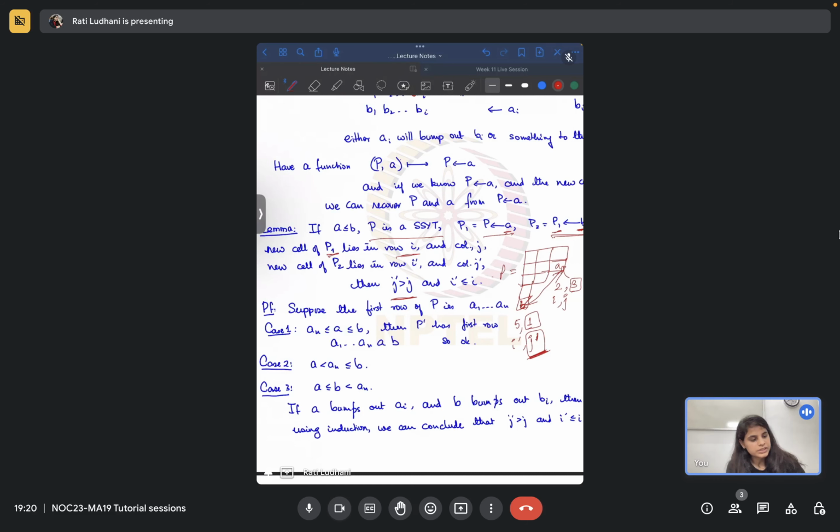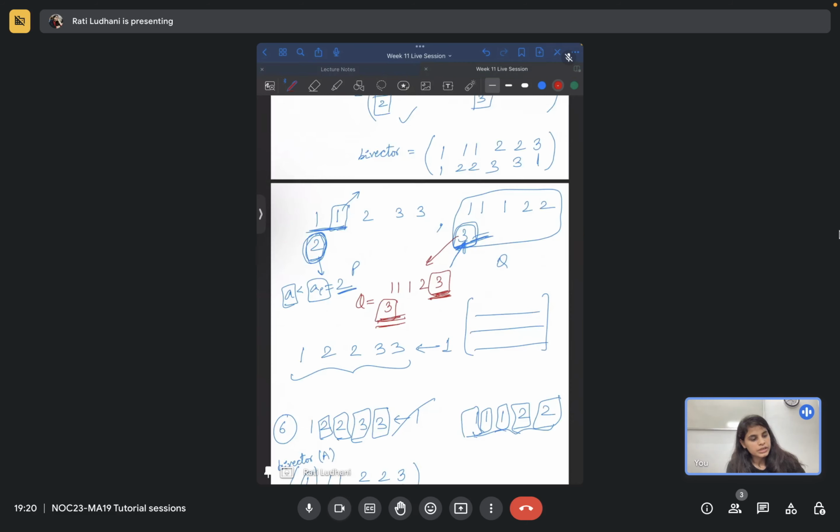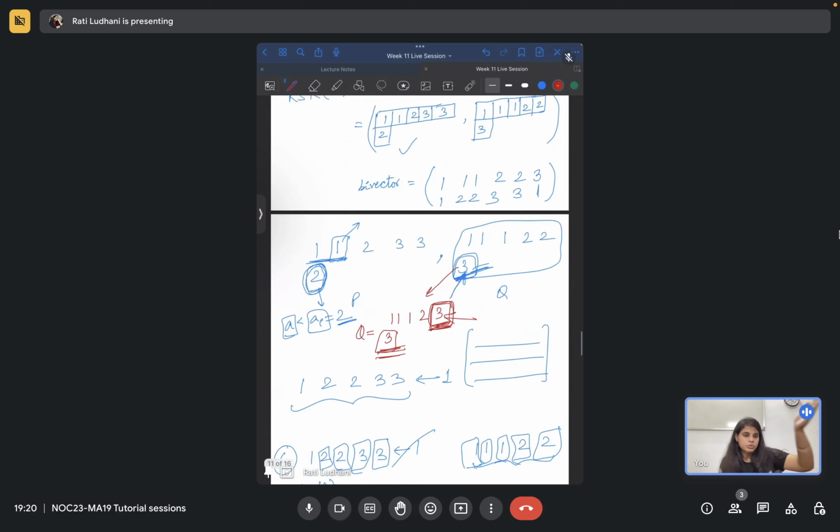If you have such a condition, then this one must be the last one, which you have inserted later, so you will consider this one. Because you are going from right to left, you need to consider whichever number has been inserted latest.